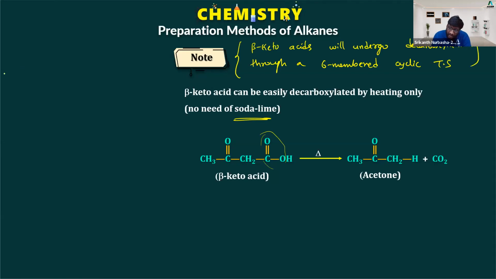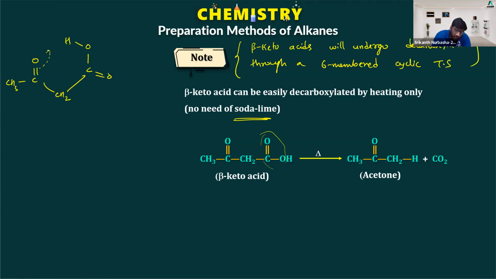Let us understand the mechanism for the same molecule, CH3 C double bond O, CH2 C double bond O OH. Now understand this point. The C double bond O pi electron density is now going to form a new bond.